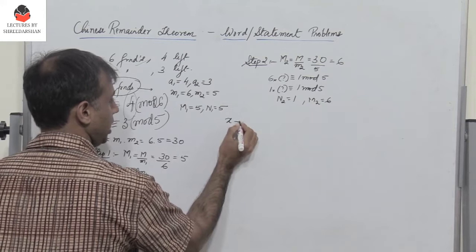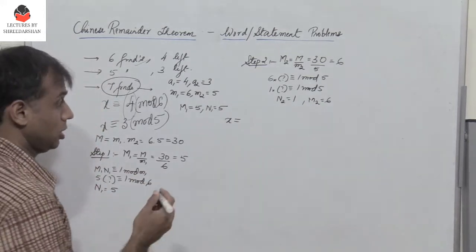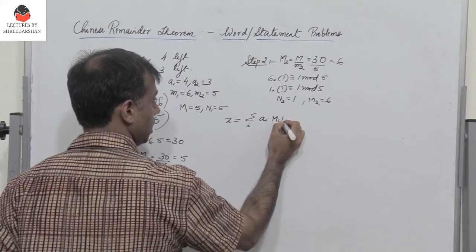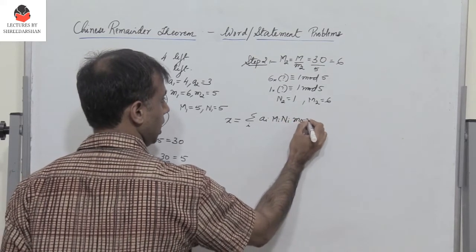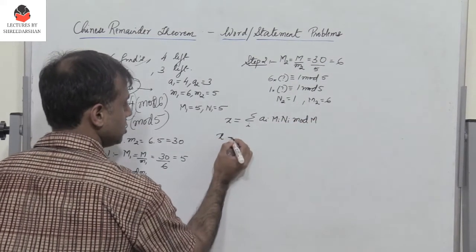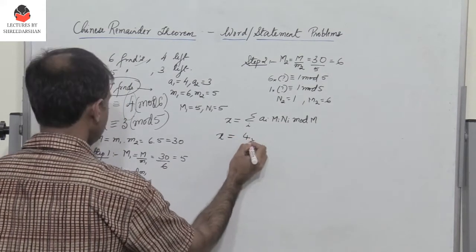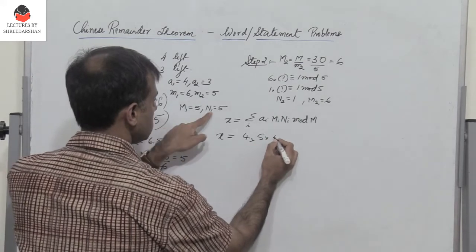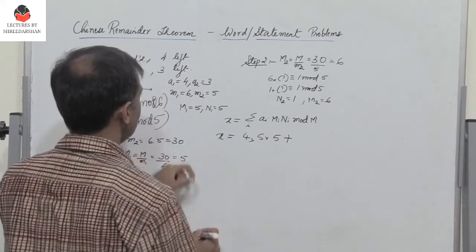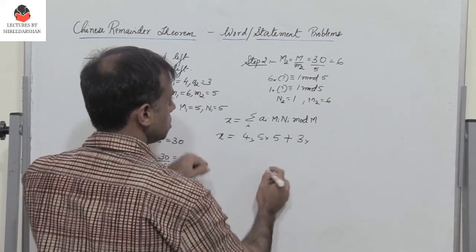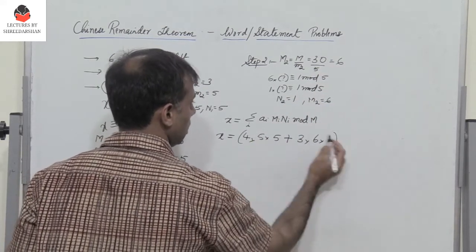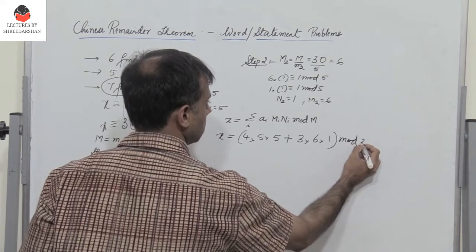So what is x? We know the general expression: it is the summation of ai Mi ni mod M. So x is equal to a1, which is 4, into M1, which is 5, n1 is 5, plus a2, which is 3, into M2, which is 6, and n2 is 1, in mod 30.